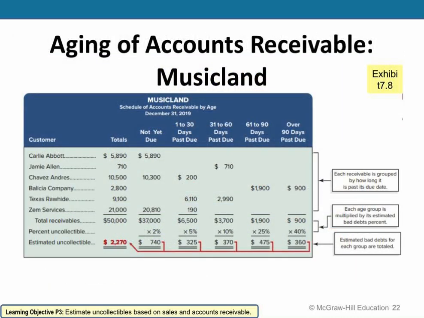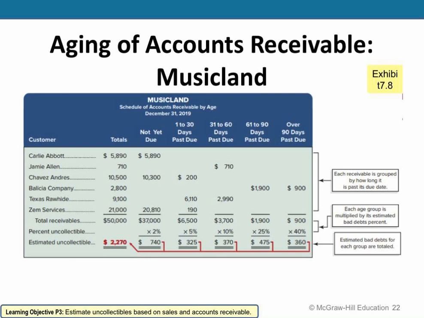Aging of accounts receivable is going to be the same concept as that allowance method for percent of receivables. The only difference is we're going to look specifically at how many days those are owed to us. So in the previous example, we said 5% of what was owed we didn't think we would be able to collect on. Here, we might be a little bit more precise and say, if it's still current, due within 30 days, maybe only 2% of those are going to be uncollectible.